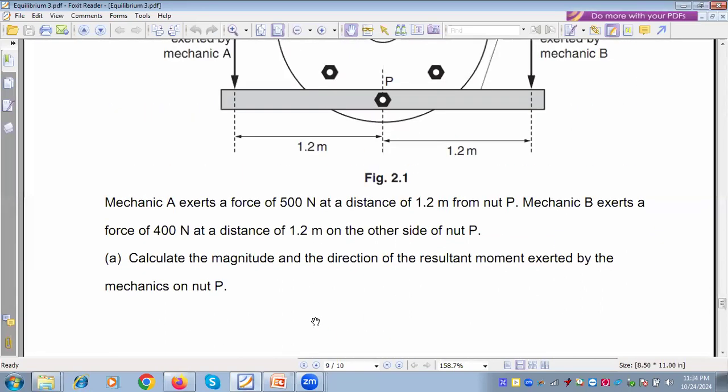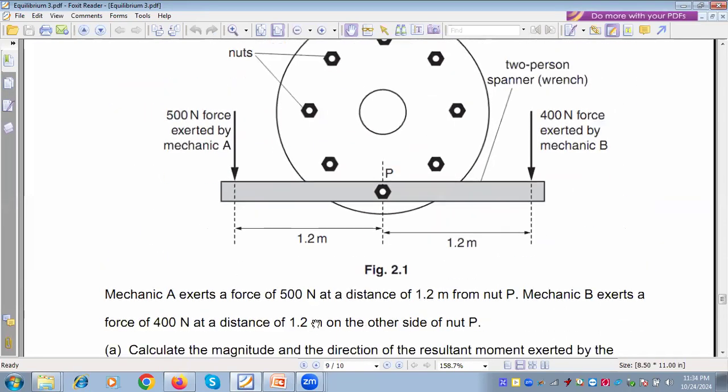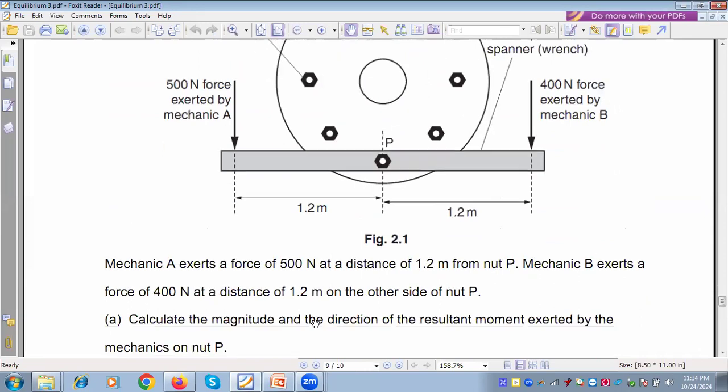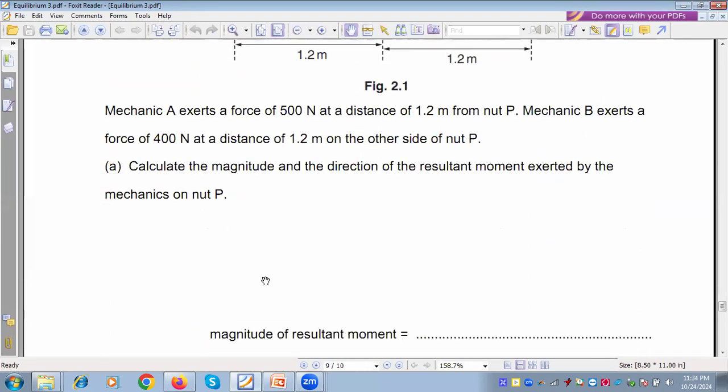So one is a clockwise and the other an anti-clockwise moment. So what will we do? We will subtract. One moment was 600 and the other was 480.